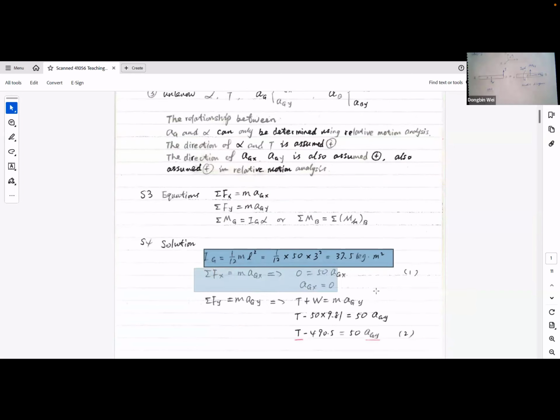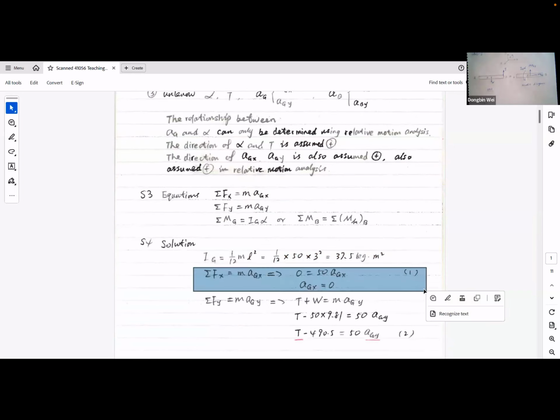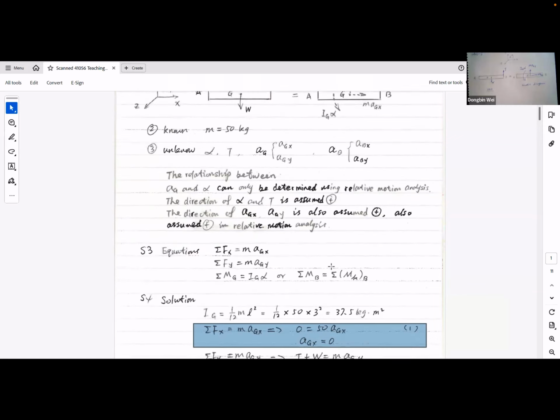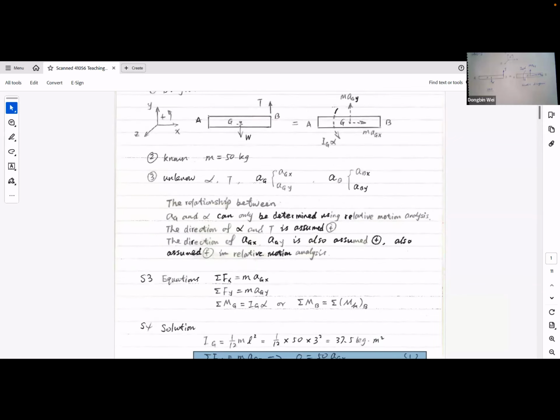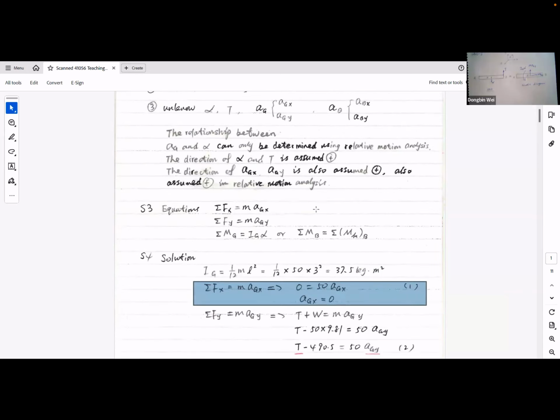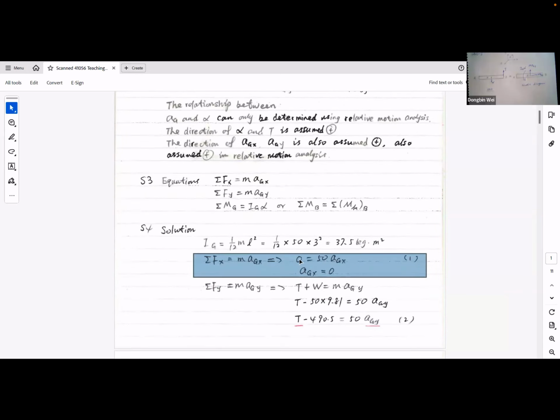Now, first equation is about the translation component along x direction. Along x direction, if you look at this free body diagram, you can see along x direction, no any external force. So it's 0. So this means we can work out AGX directly. It should be 0 at this moment.